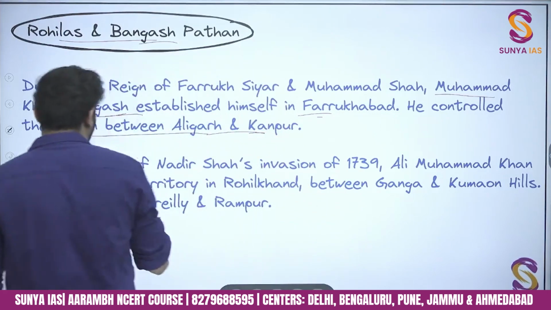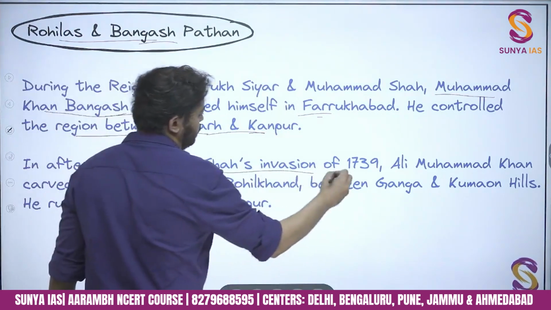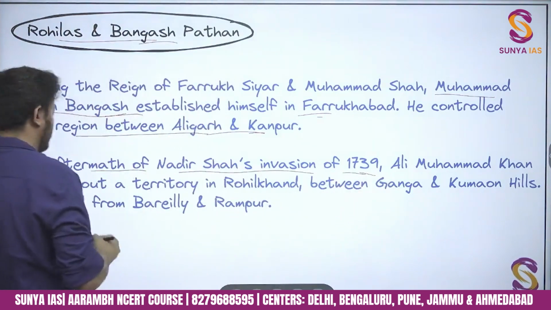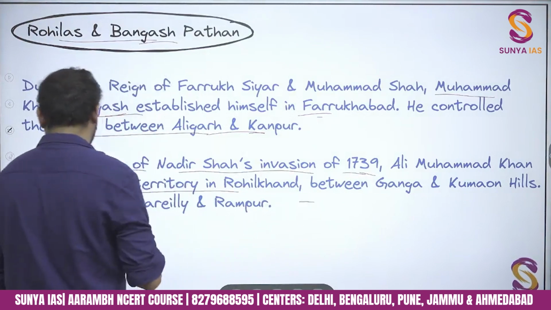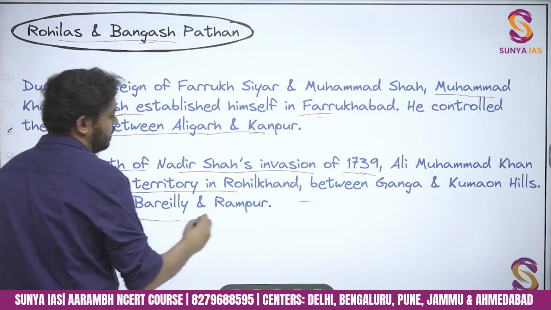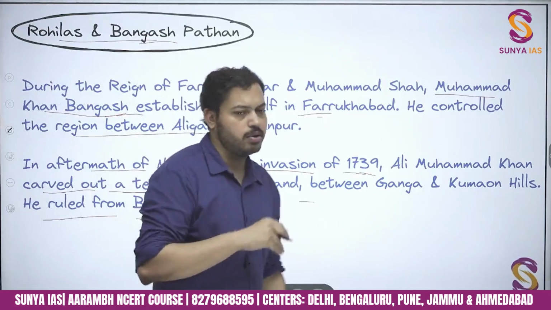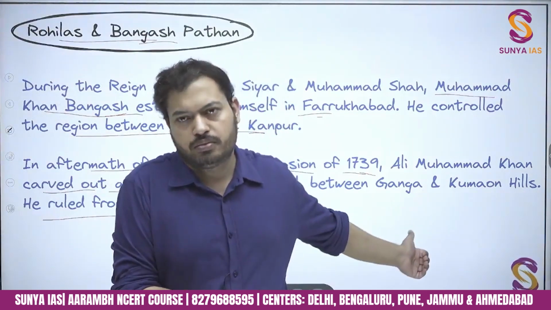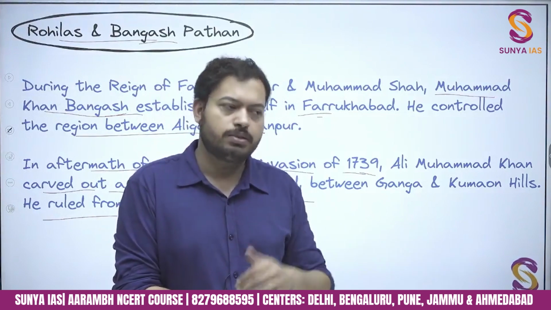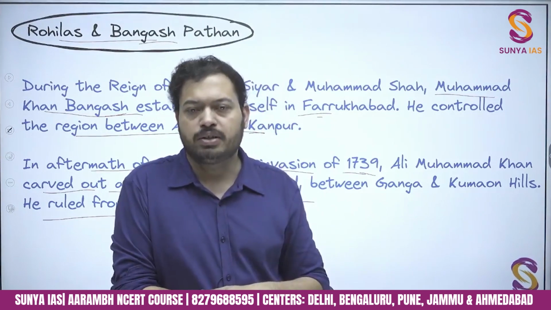In the aftermath of Nadir Shah's invasion of 1739, Ali Muhammad Khan carved out a territory in Rohilkhand between the Ganga and Kumaon hills. He ruled from Bareilly and Rampur, and so you might have heard about the royal family of Rampur.